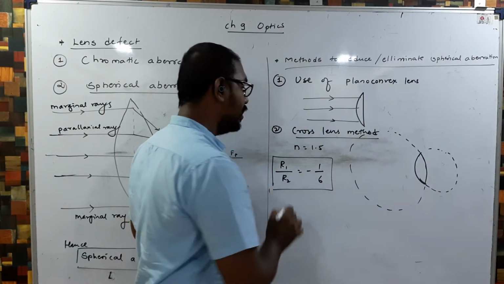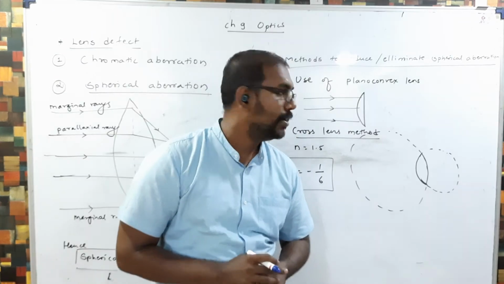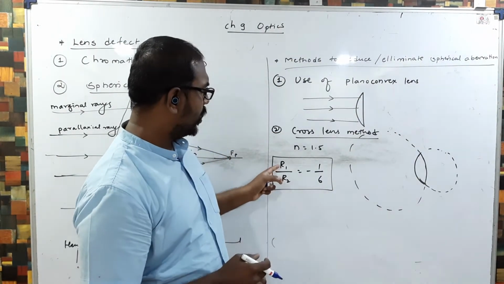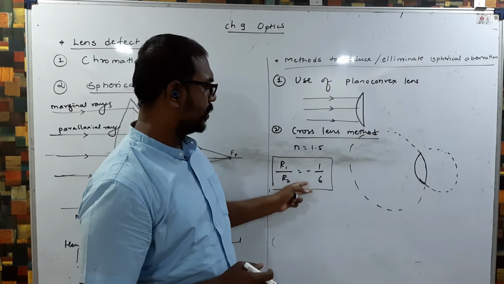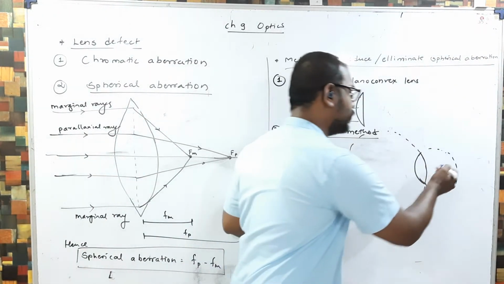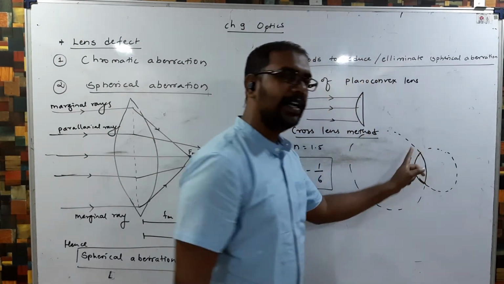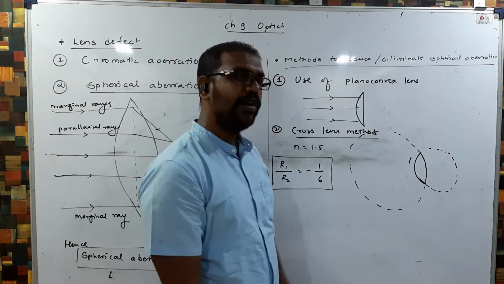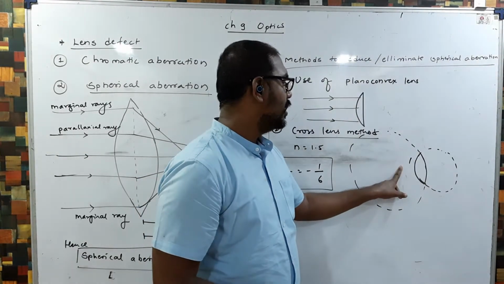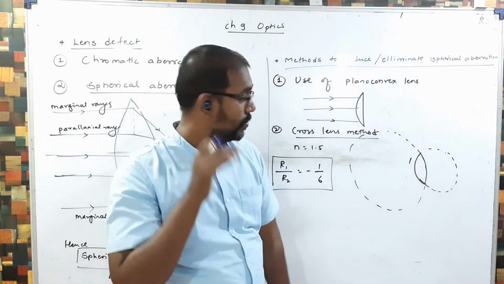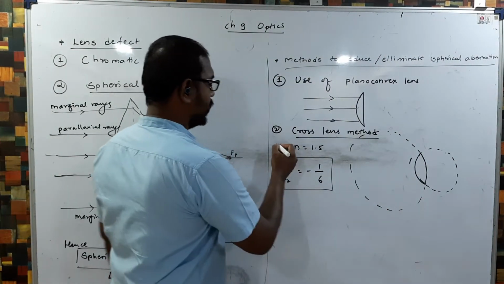By using such a combination we can minimize spherical aberration. It means that the first surface has radius of curvature R1, and the second surface has a radius of curvature 6 times that.